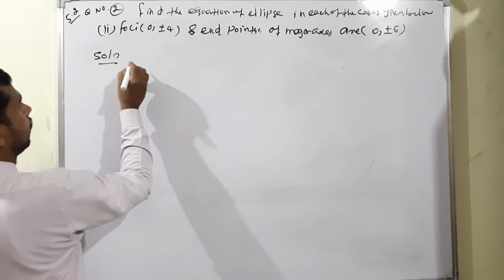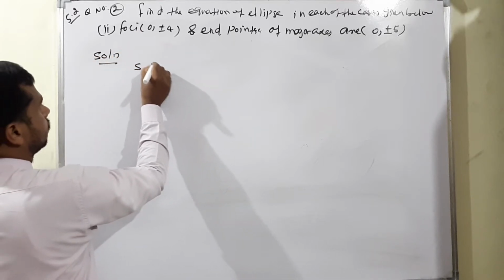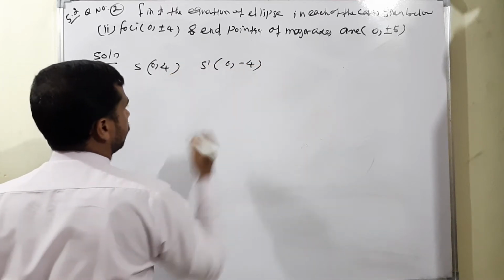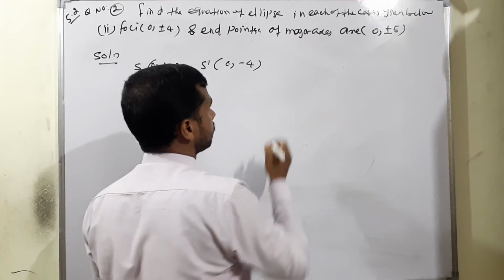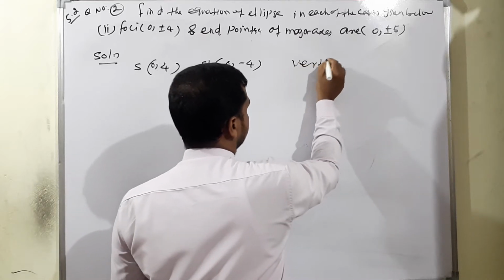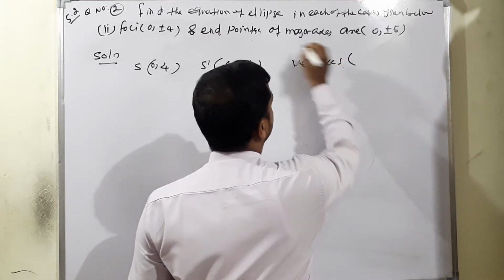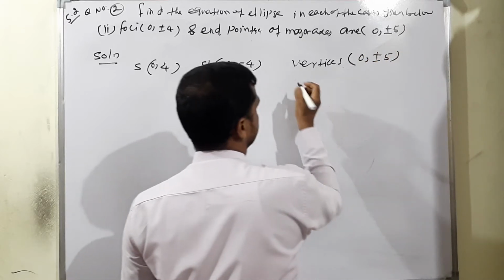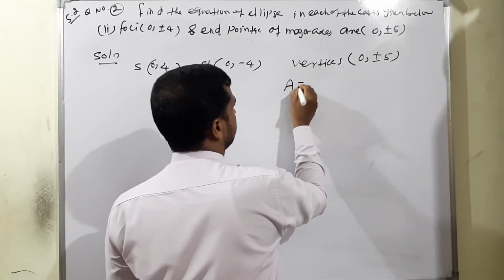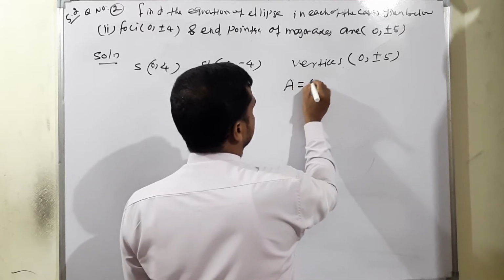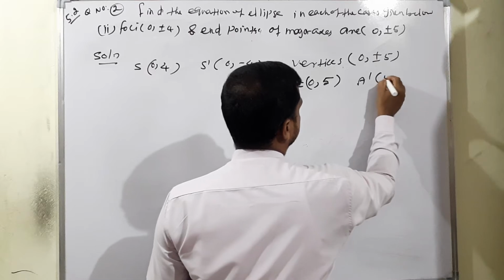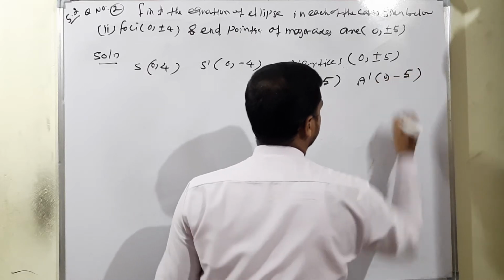The foci are S at 0 comma positive 4 and S dash at 0 comma negative 4. Then the vertices, the end points of the major axis, are 0 comma plus or minus 5. So we can write the vertices A at 0 comma positive 5 and A dash at 0 comma negative 5.